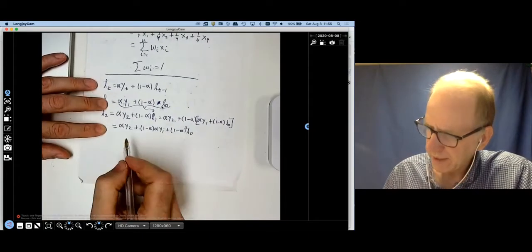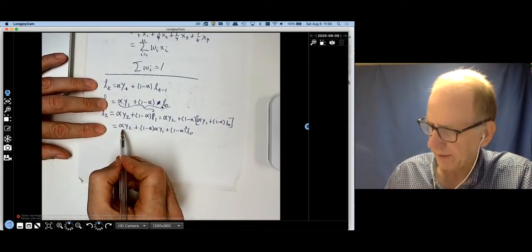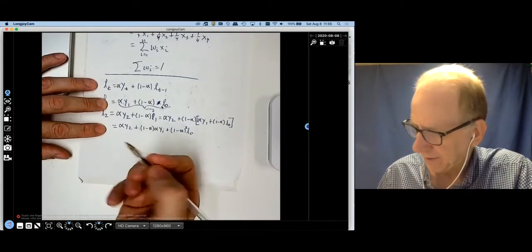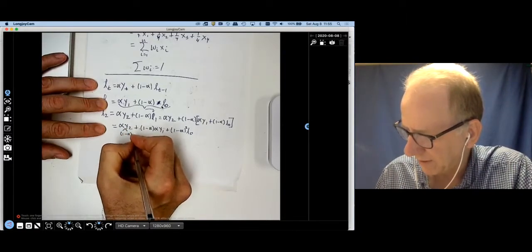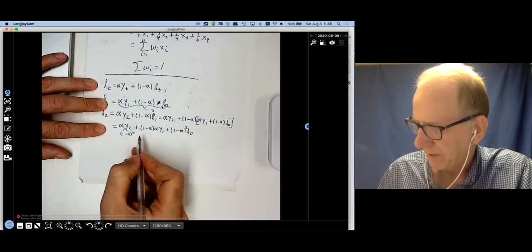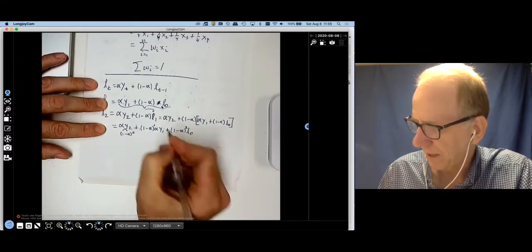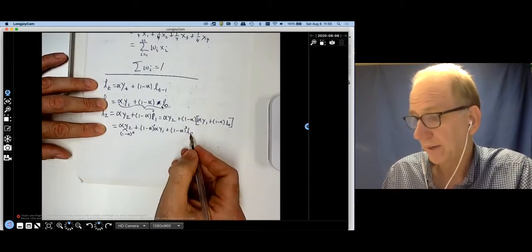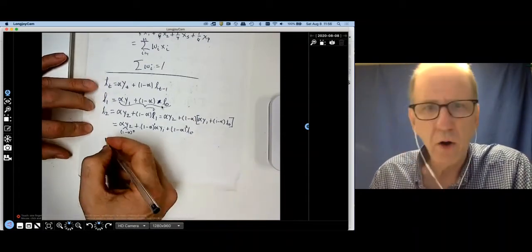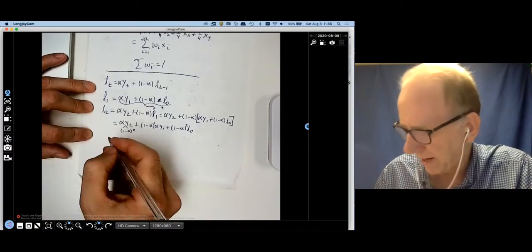What we see happening here is that you could think of me having a 1 minus alpha to the 0 power here, then a 1 minus alpha to the 1 power here, and a 1 minus alpha squared power back here. I hope that you're seeing the pattern.